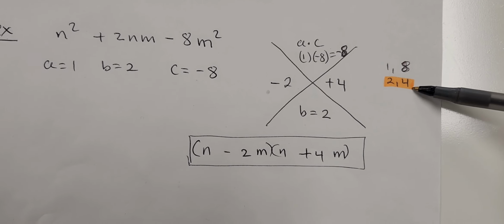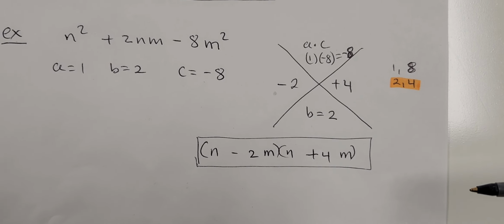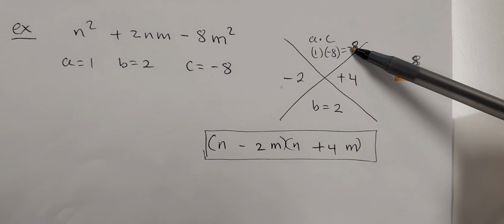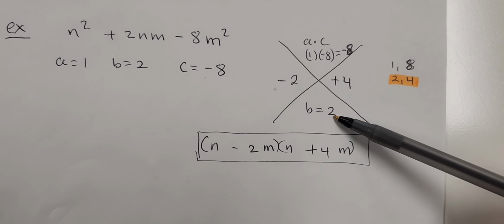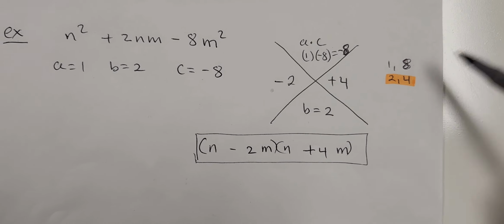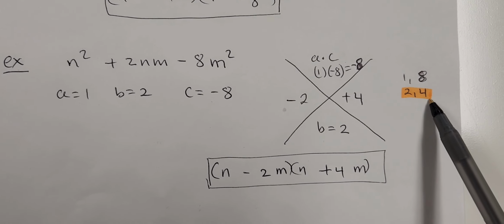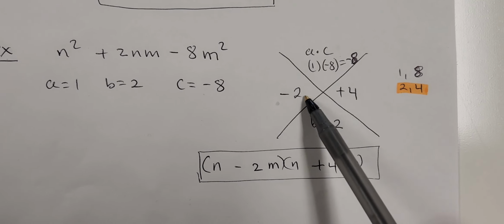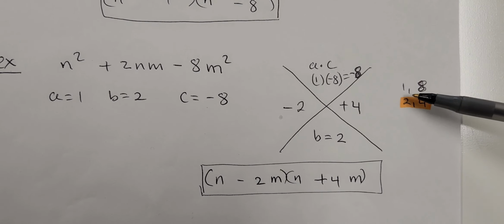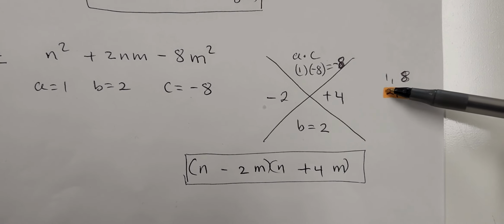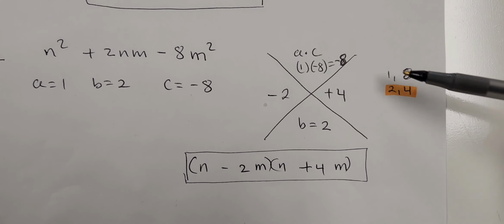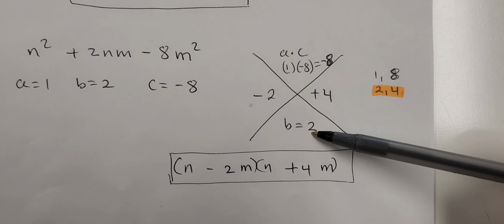However, we need negative 8 on top and positive 2 on the bottom, so the only combination that will work is 2 and 4. Why did we choose 2 and 4? Because this is the only combination that will give me 8 and a 2.